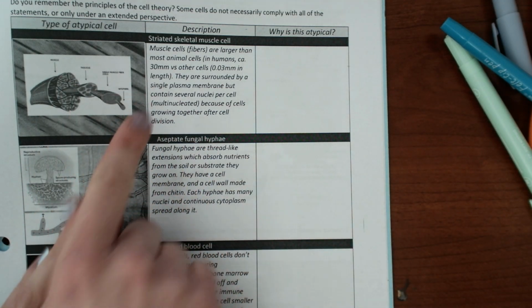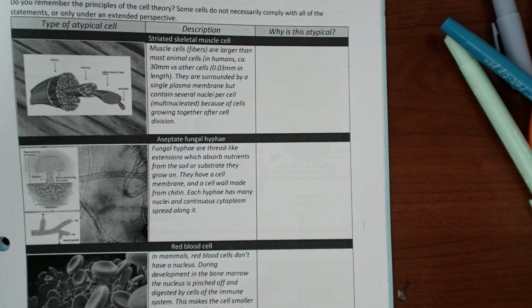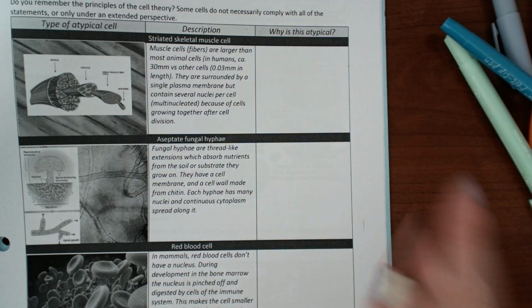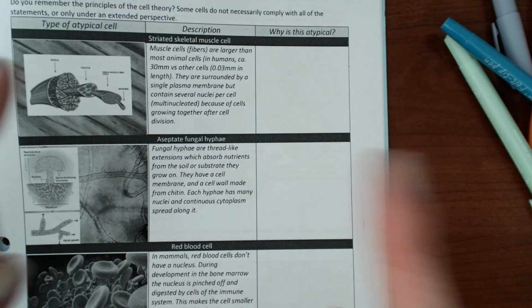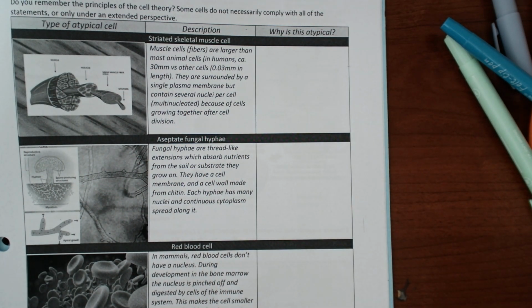And so first up is striated or skeletal muscle. And so what happens is you have your muscle fiber cells. They bind together to make these like really long muscle fibers. When they bind together, they form technically one cell that has a single plasma membrane but has many nucleus or nuclei.